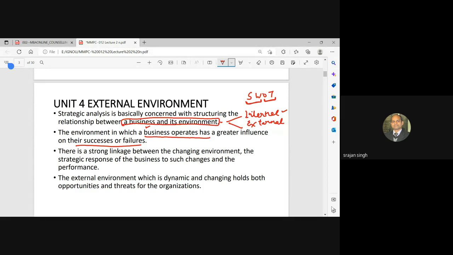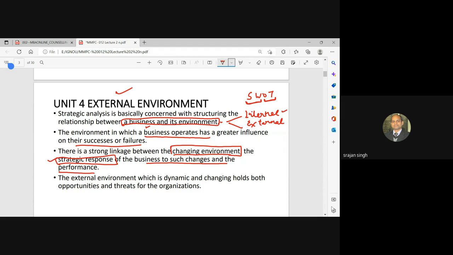So there is a strong linkage between changing environment, the strategic response of business to such change, and the performance. First there is a changing environment, could be internal as well as external, but in this case we are studying external only. So the changing environment and how the business responds towards it, the strategic response of business towards the changing environment.